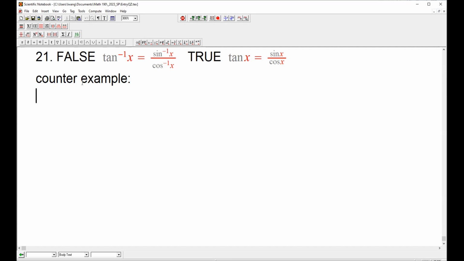Let's try a couple numbers, and they have to be all in the domain of such functions. What's the domain for arctangent? All real numbers. What's the domain for arcsine? Between -1 to +1.